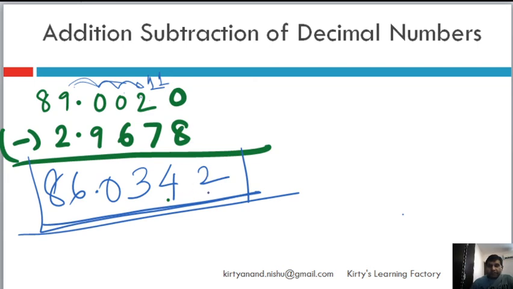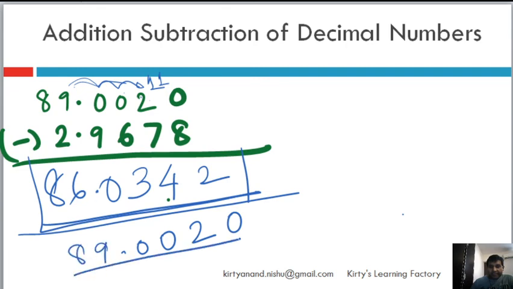So add it. 8 plus 2, 10, 0. 7 plus 4, 11, plus 1, 12. 6, 3, 9, plus 1, 10, 0, and 1 here. 9 plus 1 is once again 10, 0, and then 1 here. 2 plus 1, 3, and then 6, 9, and then 89.002, which means we subtracted correctly. So that's your trick to know if you have subtracted correctly or not.